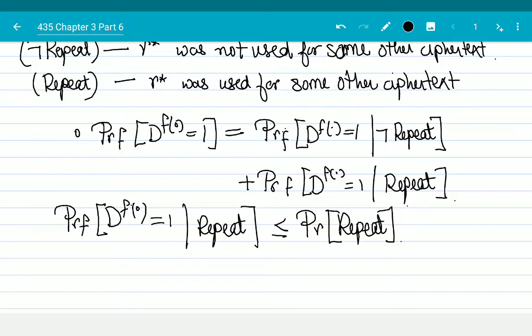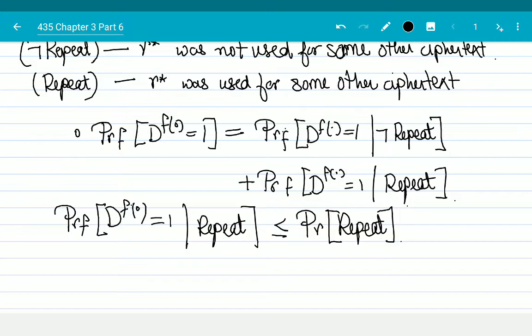And in that case, it is possible to figure out what FR star was. It is quite easy to succeed in breaking the system if R was repeated.